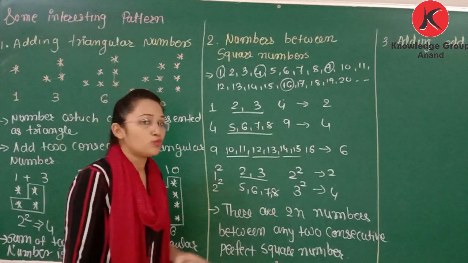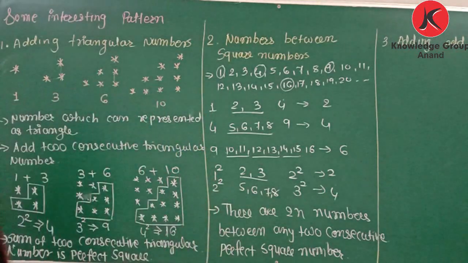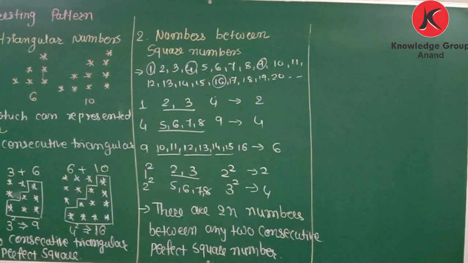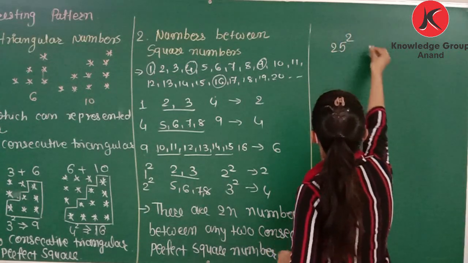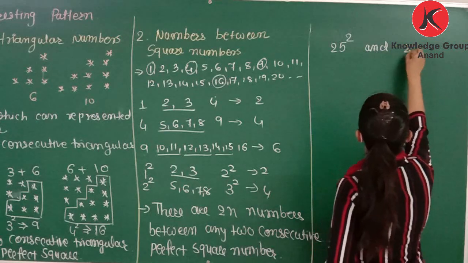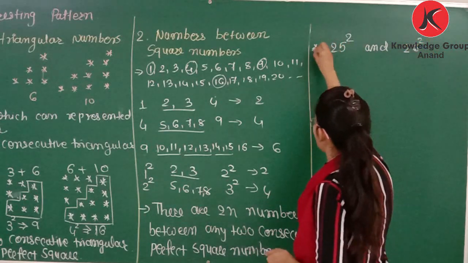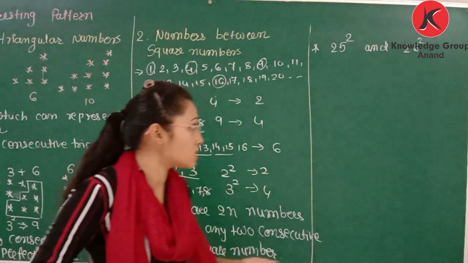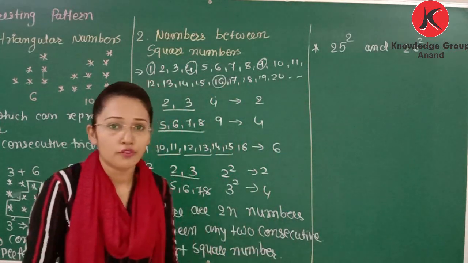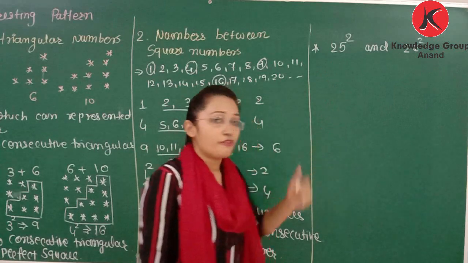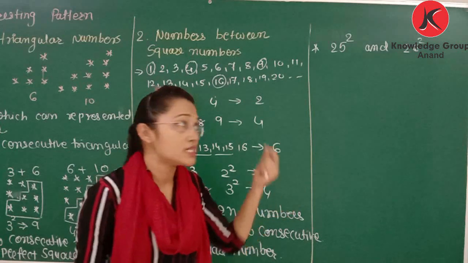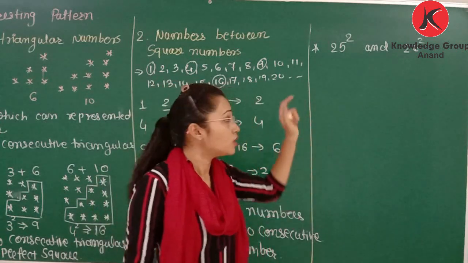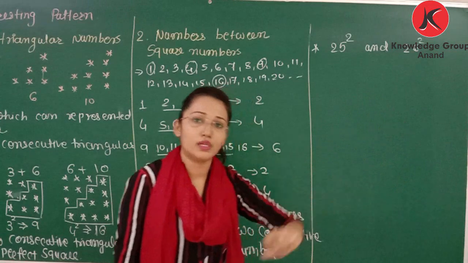So let's take one example. If you want to find the numbers between 25 square and 26 square, you can see these are perfect square numbers, 25 square and 26 square, and you need to find the number of non-perfect square numbers between 25 square and 26 square. 25 square is 625, and 26 square is 26 multiplied by 26.